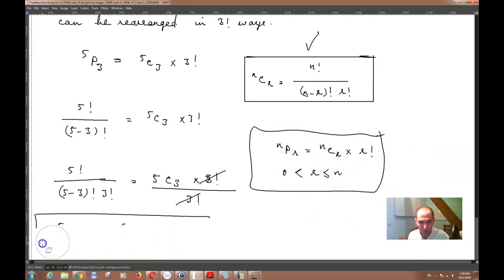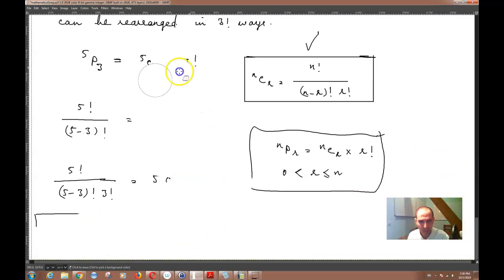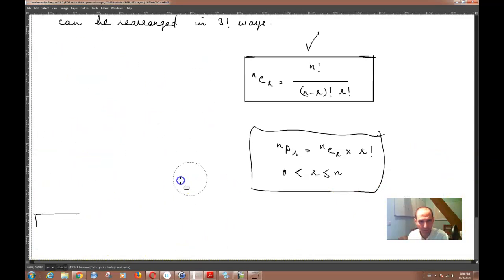So I would take n combination r and write it as n permutation r divided by r factorial.